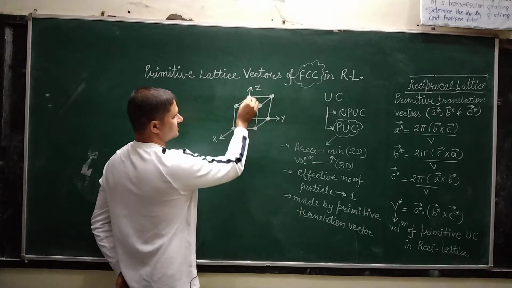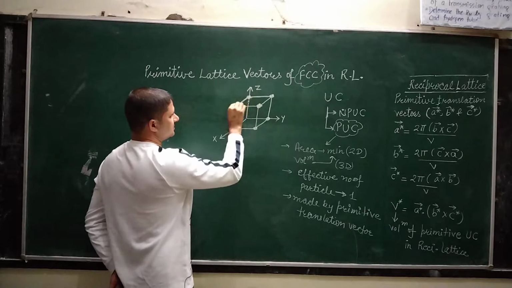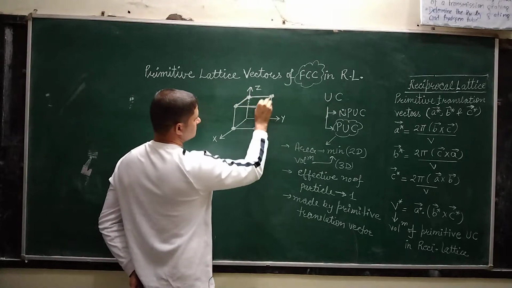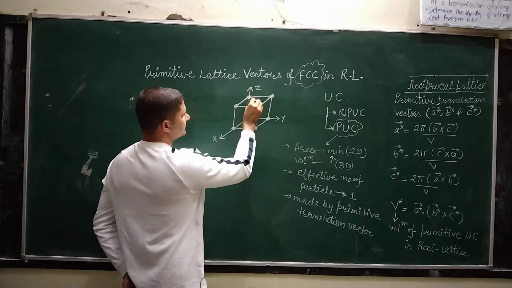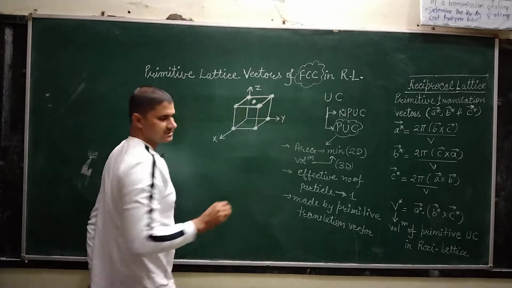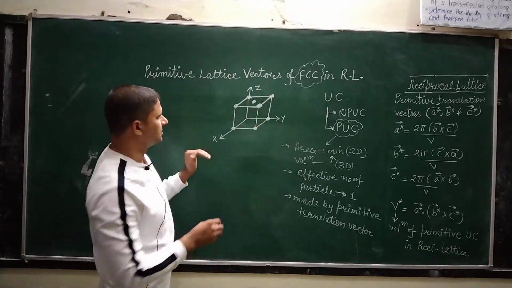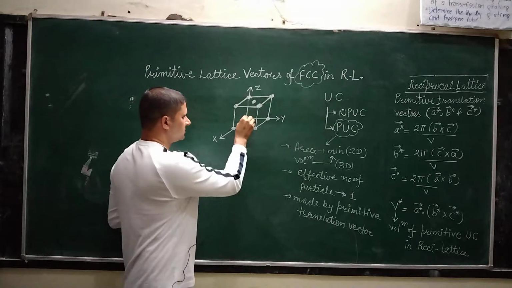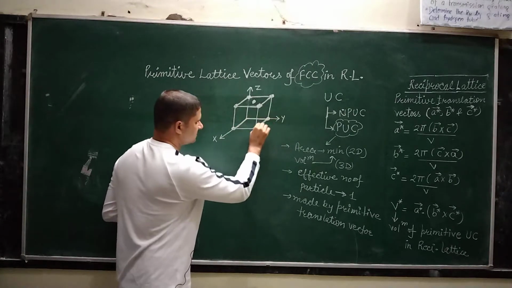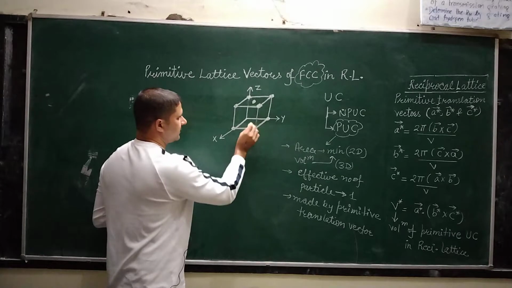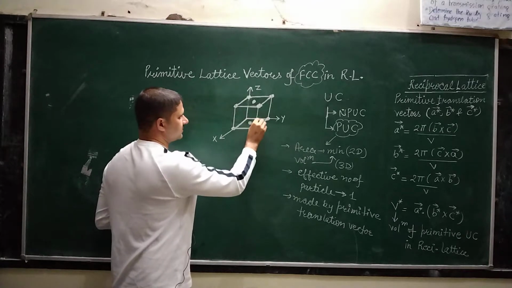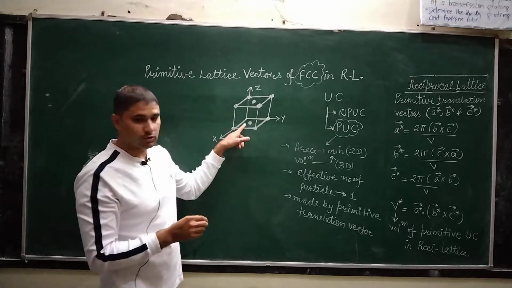Now come to the face. This is a face, class. You can see this one is the face, and its center is here. This is the center of the upper face. And if you come to the bottom face, this is the center of the bottom face.